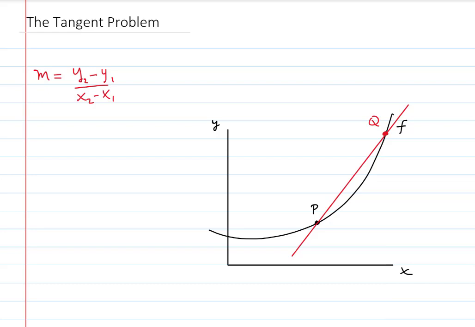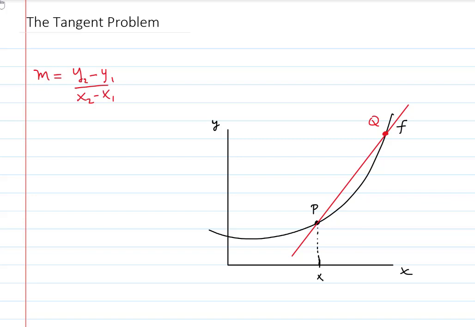We can start approximating roughly what the slope of a tangent line is by looking at the slope of the secant line. So let me label some things in here. This point P, we're going to call that coordinate x.